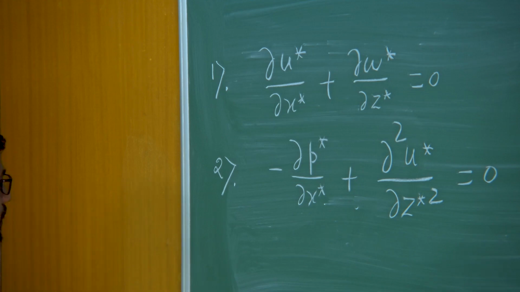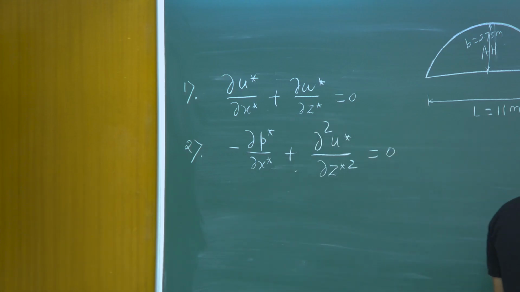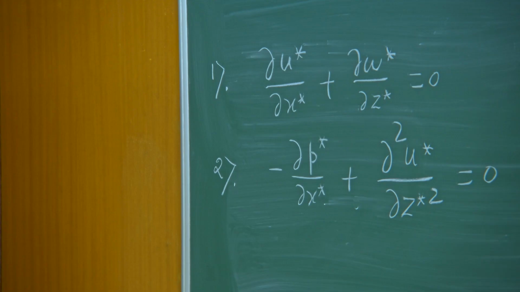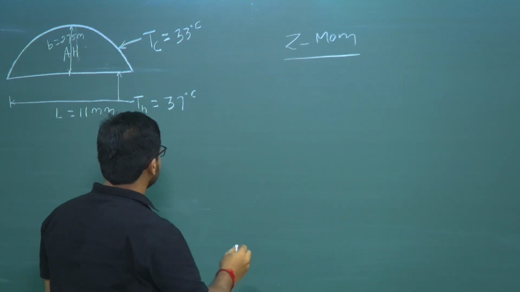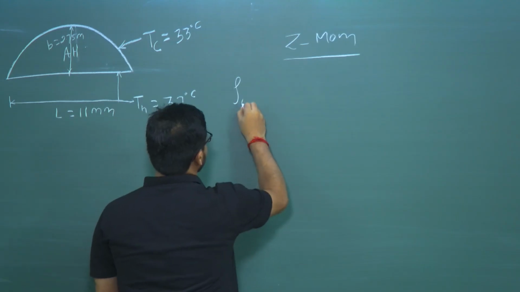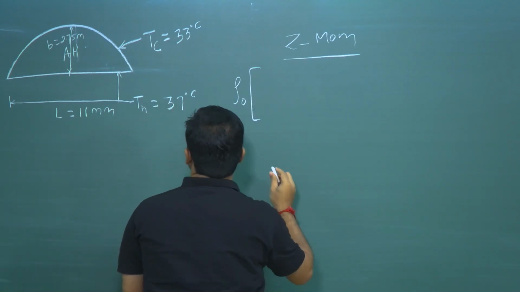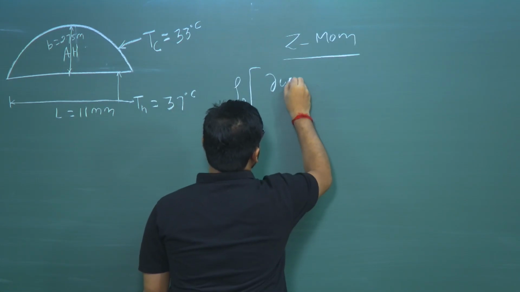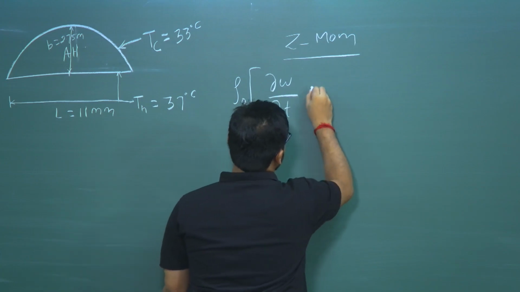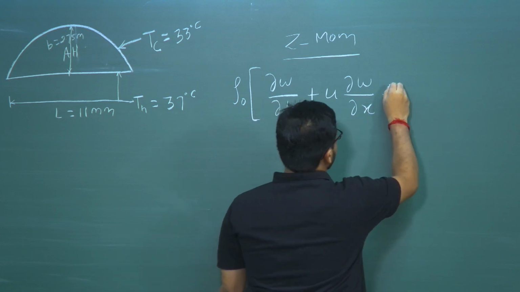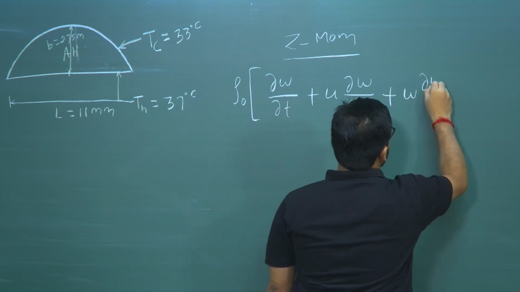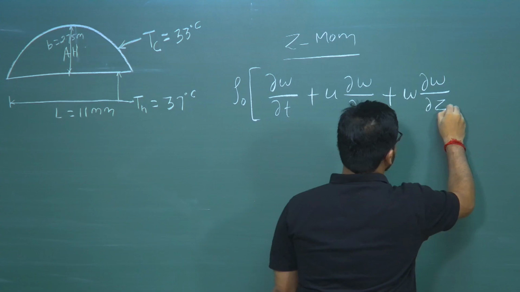Now, let us non-dimensionalize the z momentum balance. We will write it in Cartesian coordinate system. So, this is rho naught times dou w upon dou t plus u dou w upon dou x plus w dou w upon dou z.